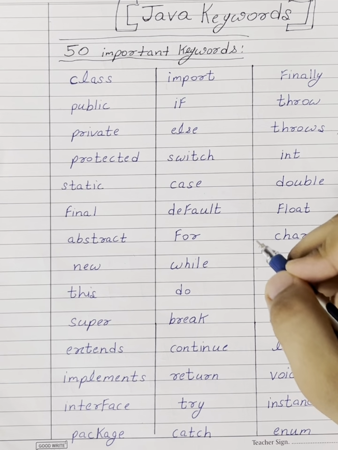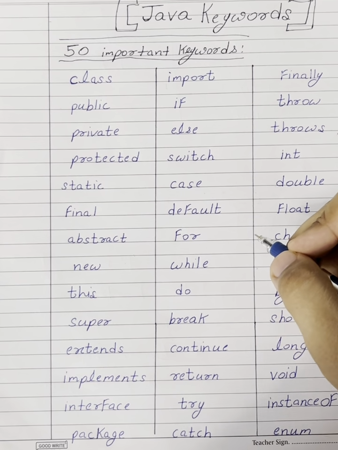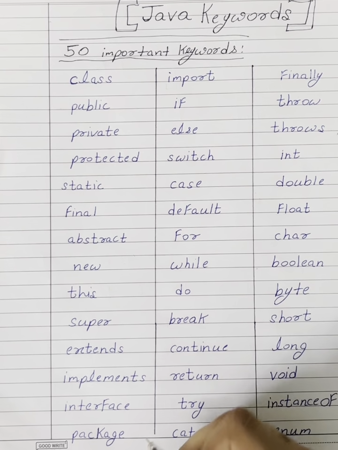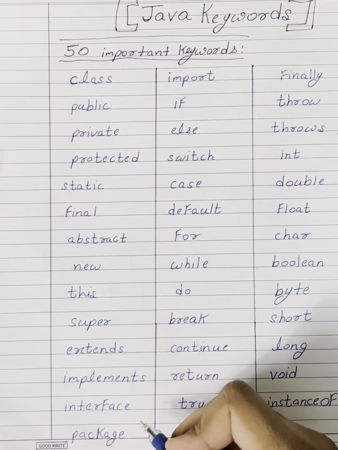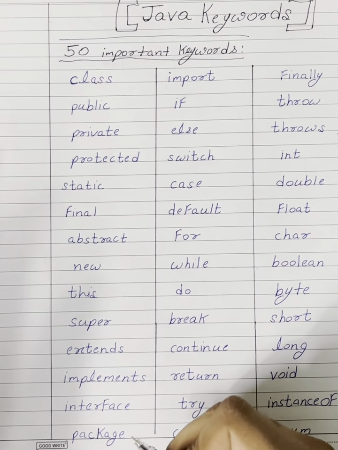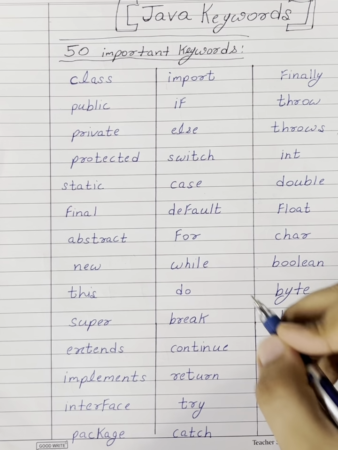This allows different classes to implement the same interface in their own ways while maintaining a common structure. Also, these interfaces are widely used to achieve abstraction, remember that, and they support multiple inheritance, and they also reduce the dependency between different parts of a program.